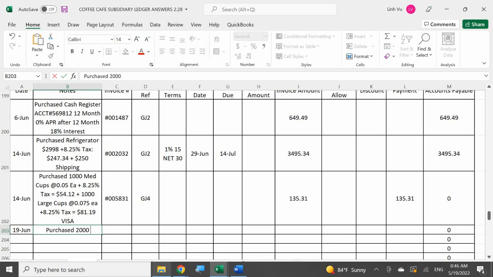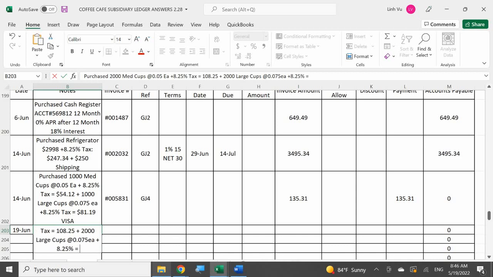Purchased 2,000 medium cups at 0.5 cents each, plus 8.25% tax, gives you a grand total of 108.25, plus 2,000 large cups at 0.75 cents each, plus 8.25% tax, right?